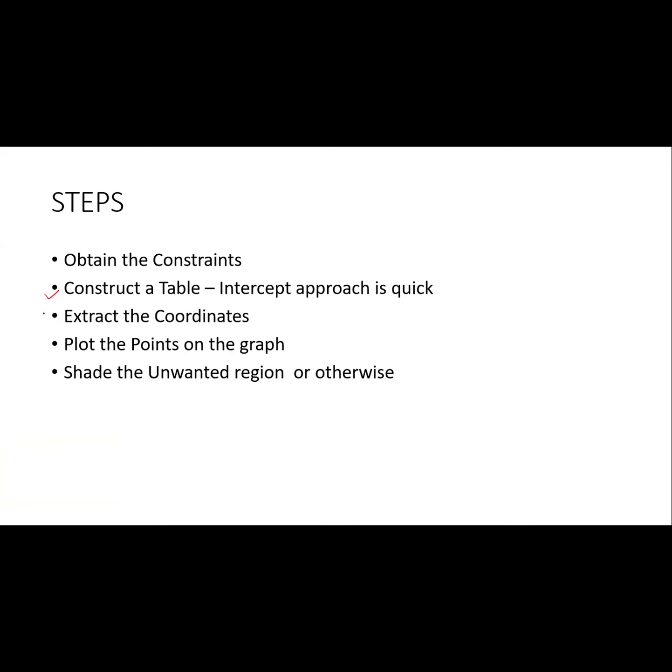Then this point here of extracting coordinates. Many of you at times forget to extract the coordinates you are going to plot, yet at times they award marks for the coordinates you have extracted. You may have drawn your table very well, included your X and Y, but you go on and forget to extract the coordinates after plotting.